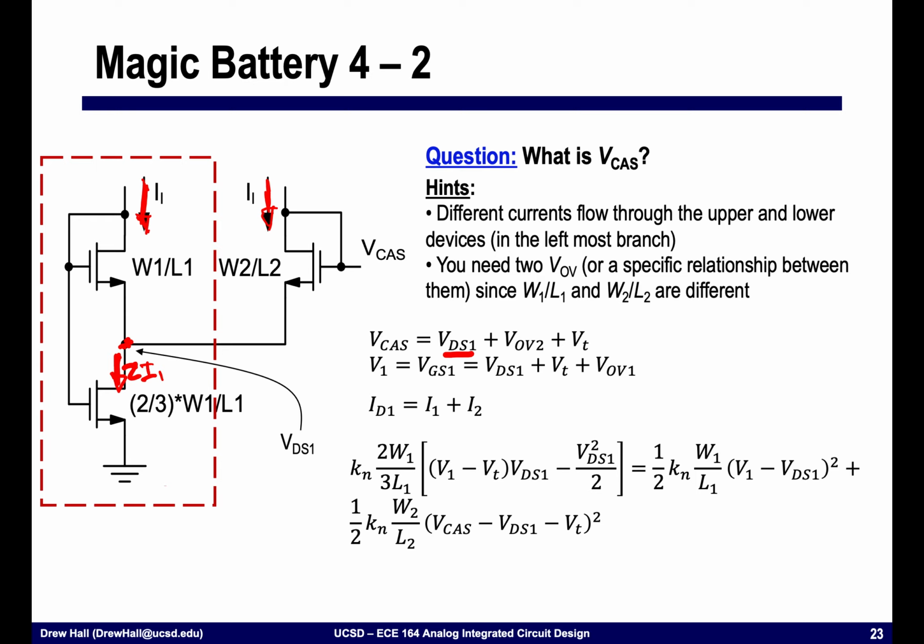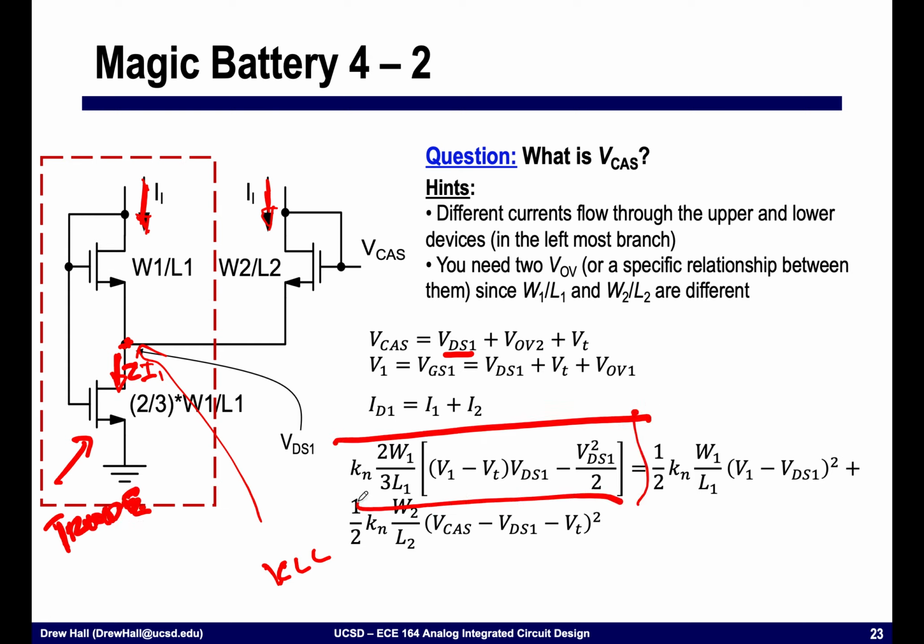This is simply KCL at this node, realizing that this device is in triode. Hence why we're using this expression. All right, and so we just solve the above equation for VDS, very much like we did 3 or 4 slides ago when we were solving for VBS.